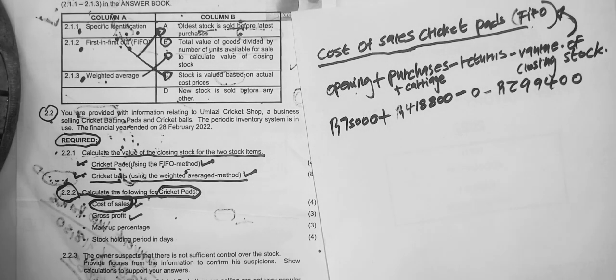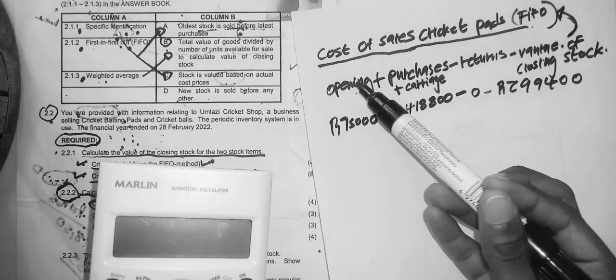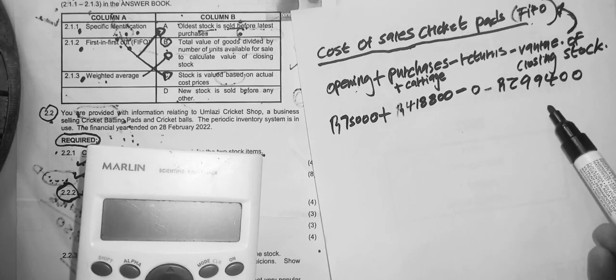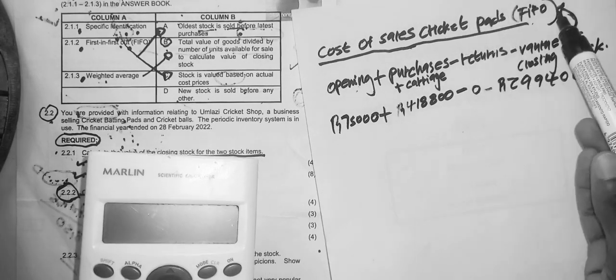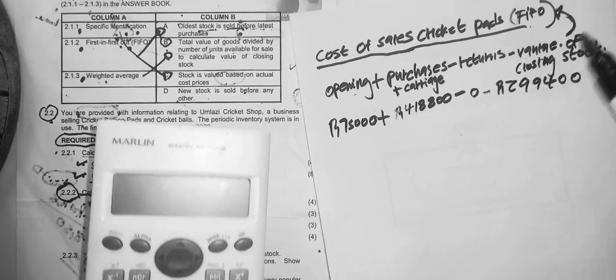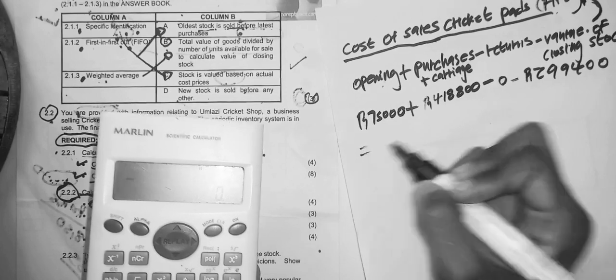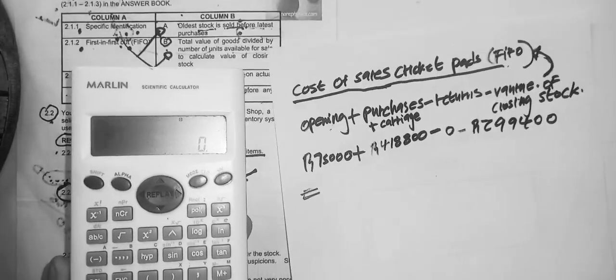No matter how wrong your answer is, follow the principle. So minus the value of closing stock, which is 299,400, and that's it, guys. That's the formula for cost of sales. Now we punch our calculator. Opening plus purchases minus returns minus the value of closing stock for cricket pads using FIFO method. So our opening is how much?